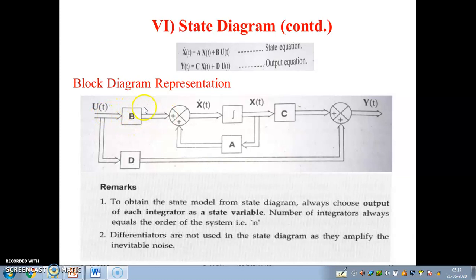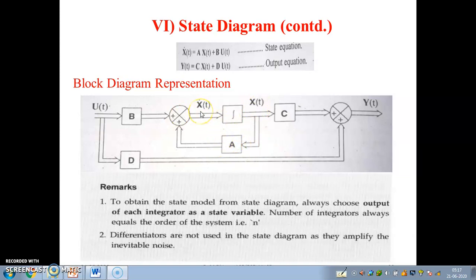So, blocks having a gain or the coefficient value are represented by the blocks over here, A, B, C and D. B into u of t is given as one input to the adder, and another input is A into x of t.